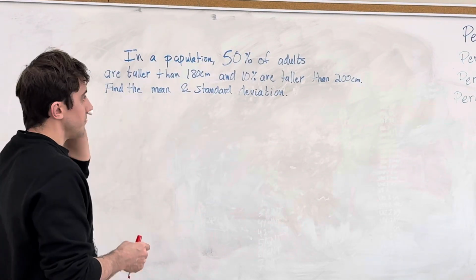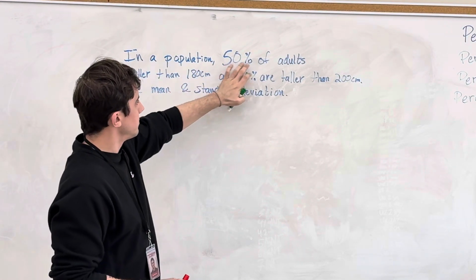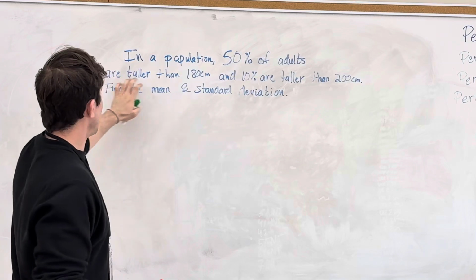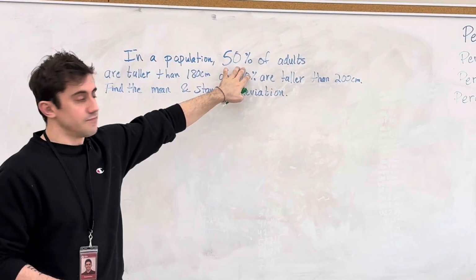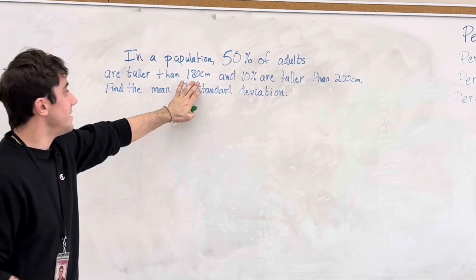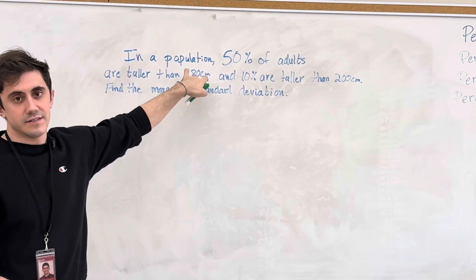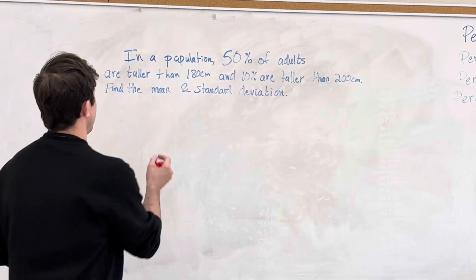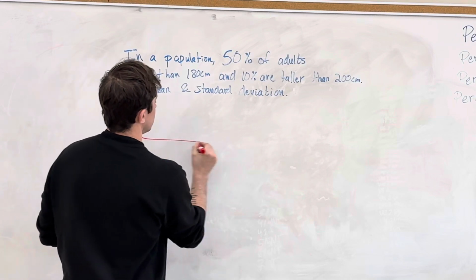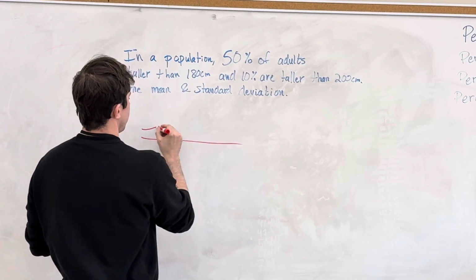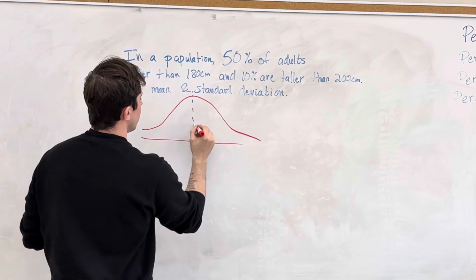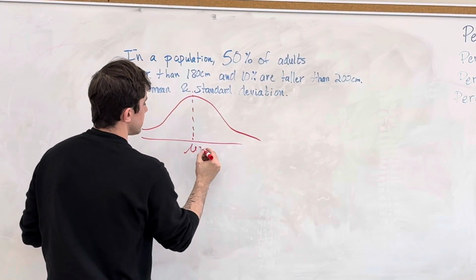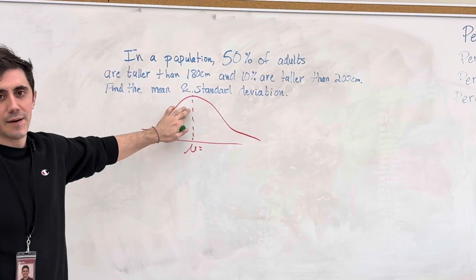First off, if 50% of adults are taller than 180 centimeters, we know right away that our mean is 180 centimeters. Whenever we have a normally distributed data set, we have this classic bell curve shape, and the mean is always smack dab in the middle.